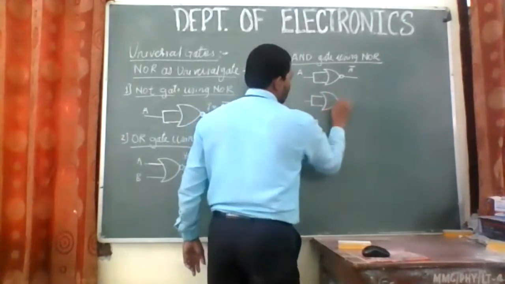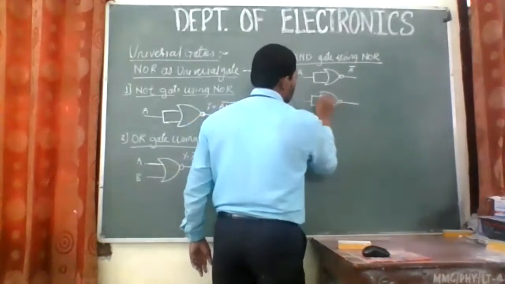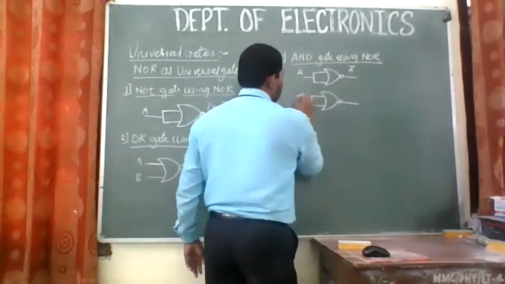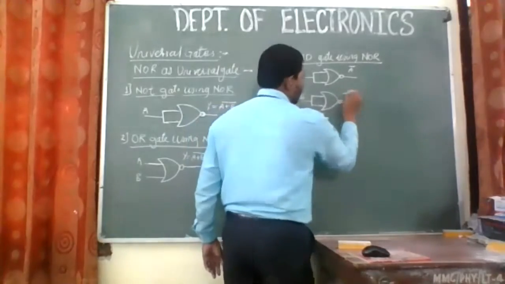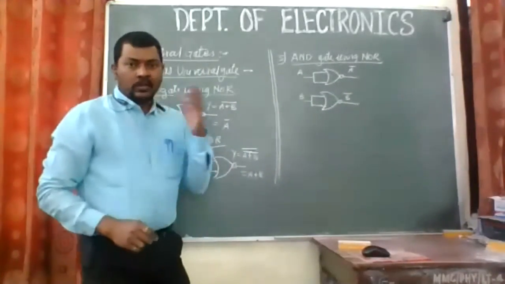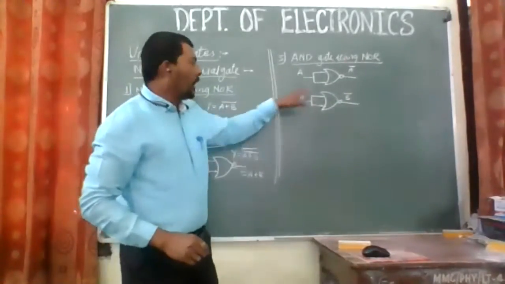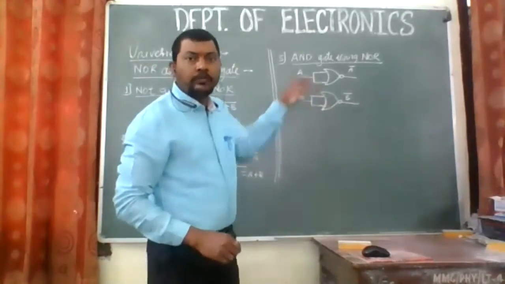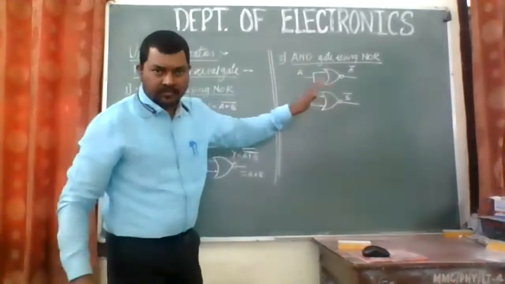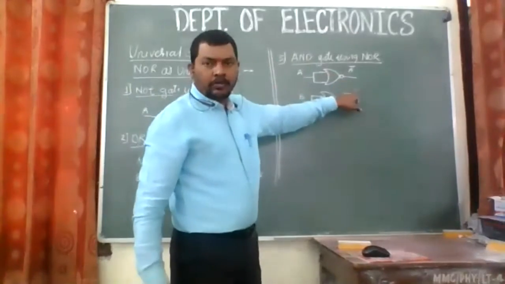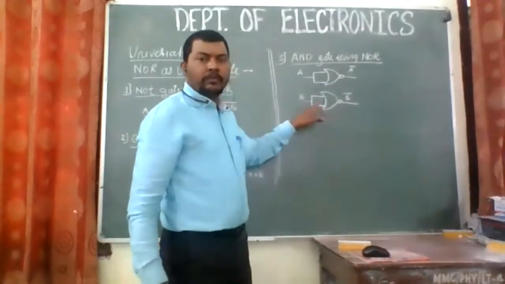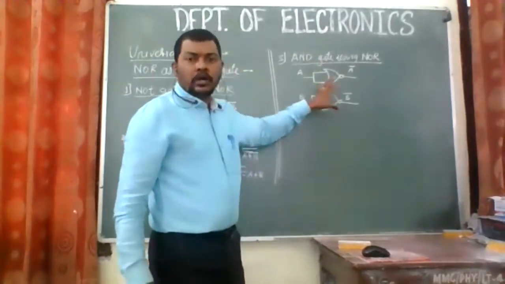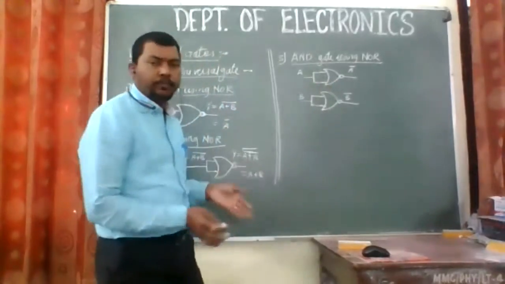This is another NOT gate, and I will call the second terminal complement B. So I have two inputs, A and B, substituted to NOT gates prepared from NOR gates themselves. One gives the complement of A and the other gives the complement of B.